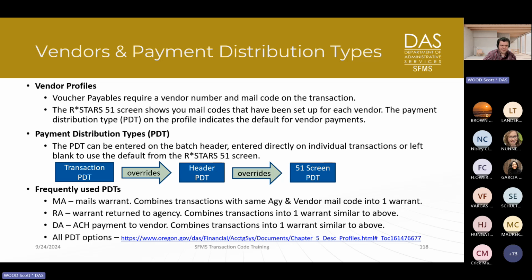And one thing to note is that transaction PDT overrides header PDT, and header PDT overrides the 51 screen PDT. Therefore, if you have a specific transaction that needs to be mailed out, but the rest of the batch needs to be returned to the agency, you can use the MA PDT for that one transaction and not have to worry about the rest.